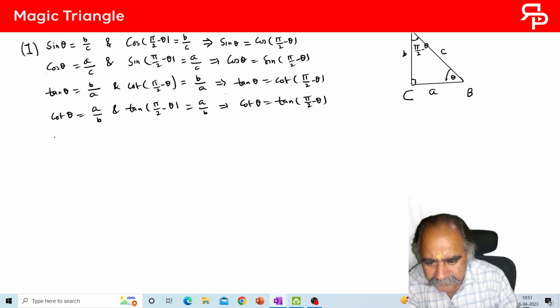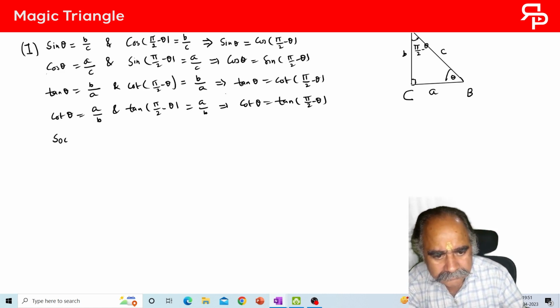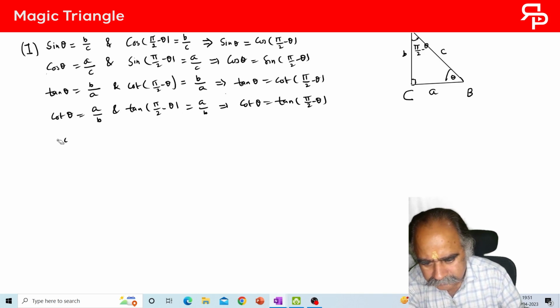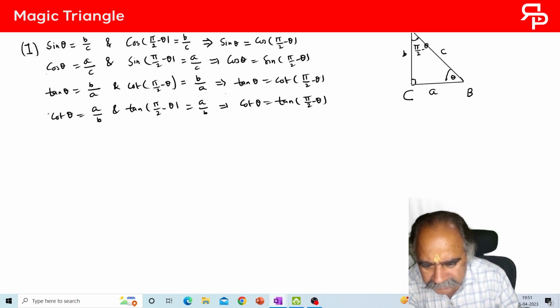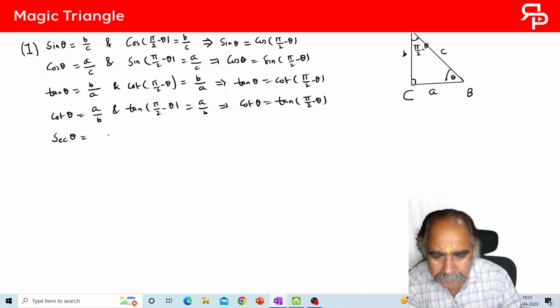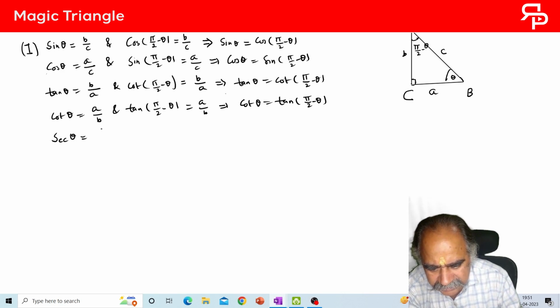Next is sec theta. Sec is hypotenuse upon adjacent side. Hypotenuse is c and adjacent side is a.